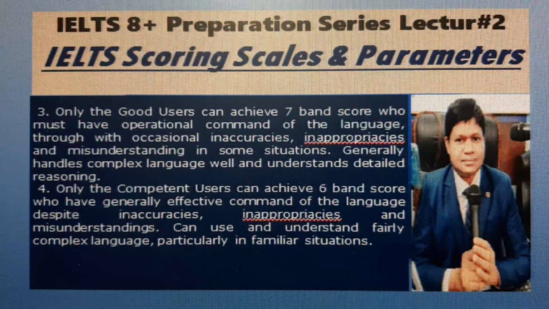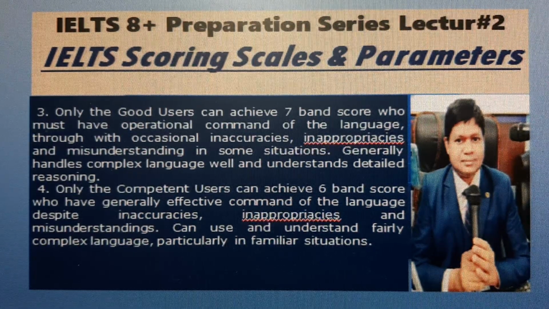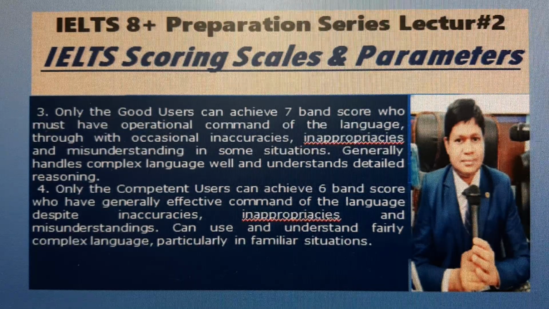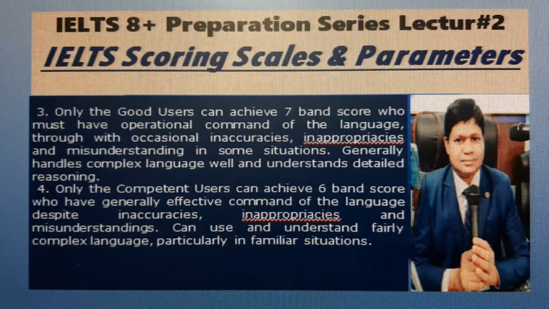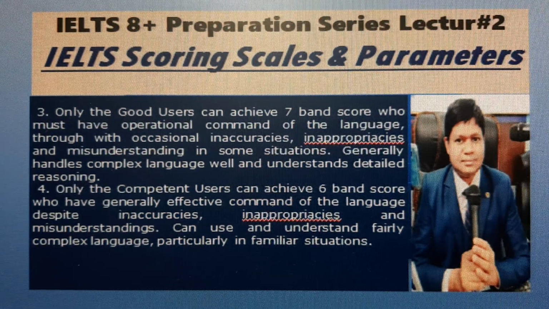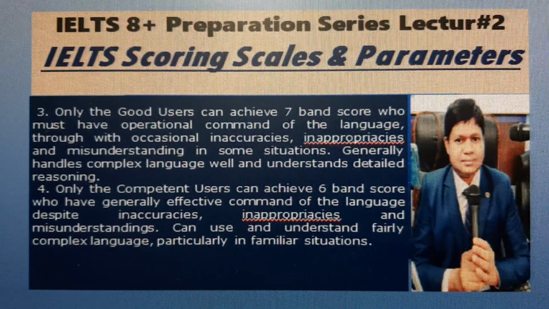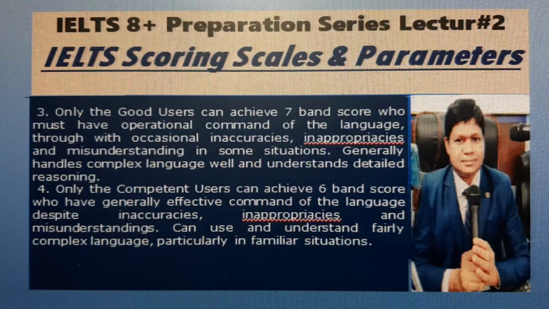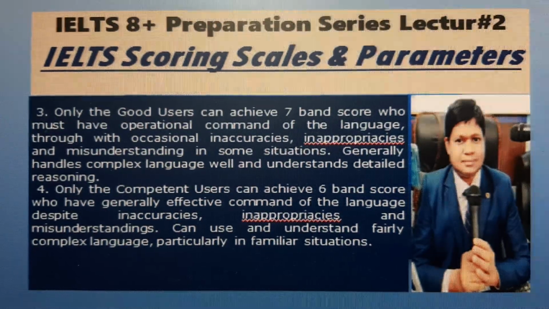Number 4. Score 6 band. User type: competent user. Experience required: has generally effective command of the language despite inaccuracies, inappropriacies and misunderstandings. Can use and understand fairly complex language, particularly in familiar situations.